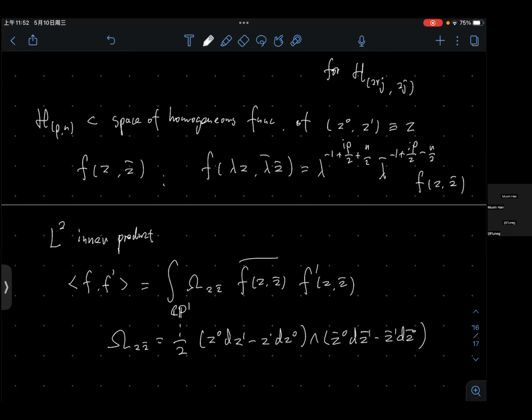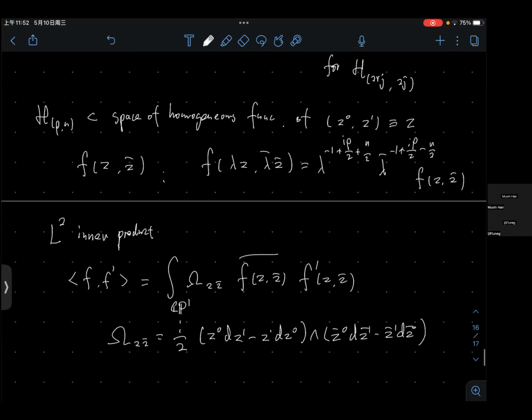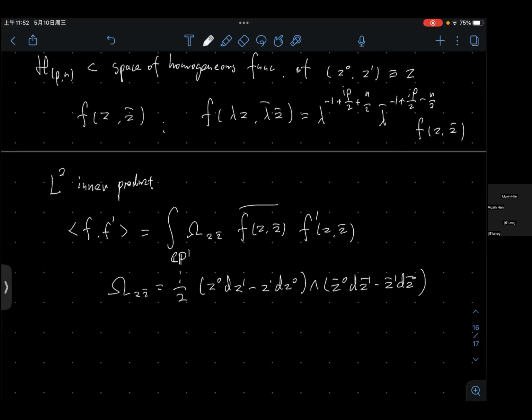So this is a way of representing the Hilbert space as an L2 Hilbert space of homogeneous functions, and therefore you can compute the Y map of the highest weight vector of SU2 to gamma j to j. So this is this canonical basis.